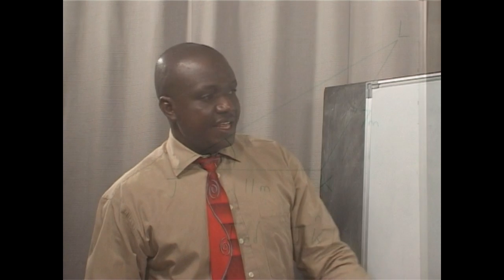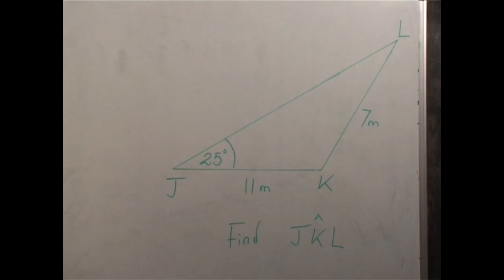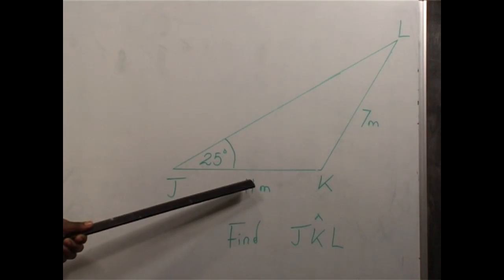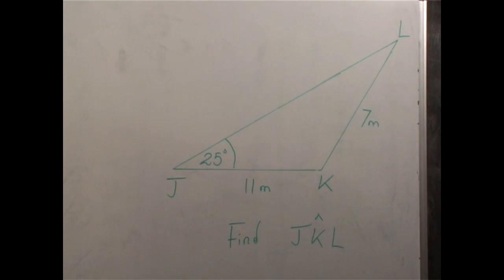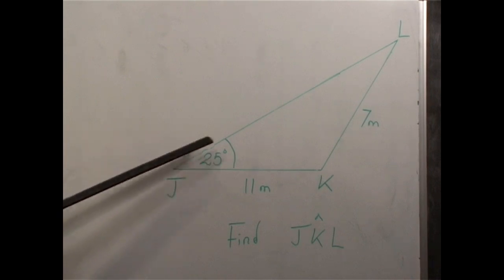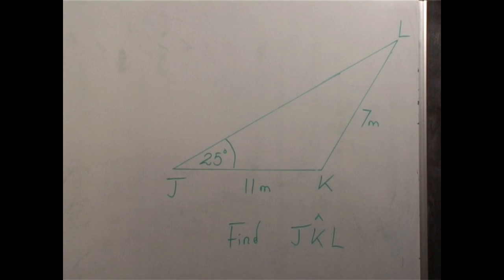When we look at this one, we will see that the side opposite the angle that we need to find is not given, but we are given the side opposite to this angle which we have not been asked to find. But remember, in any triangle, the 3 angles must add up to 180 degrees.